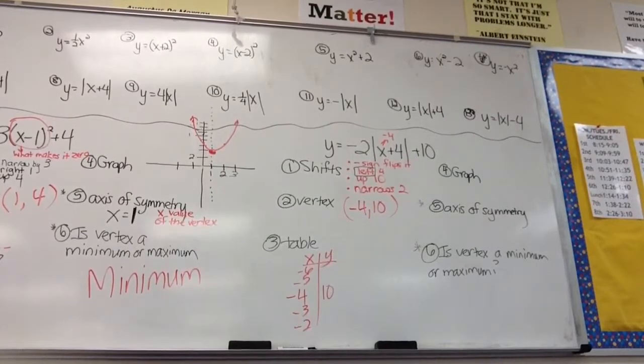Where's my graph? Have the table made. Your graph looks like a spreadsheet. Move up a bit. 6, 8, 10. That's a weird 0.